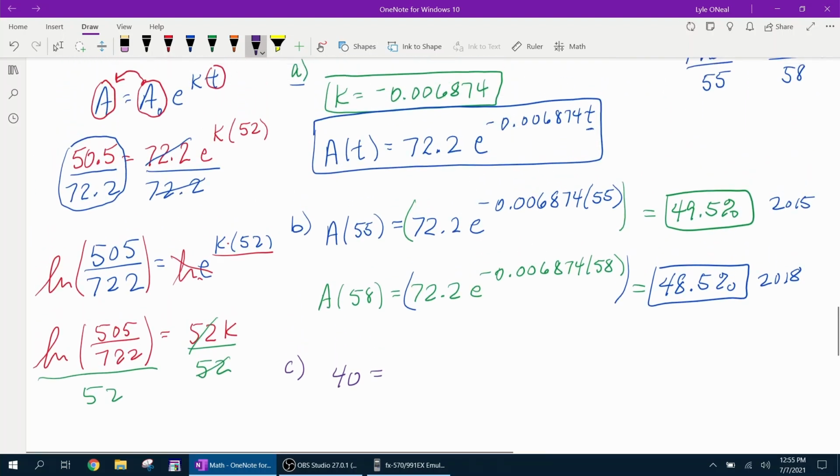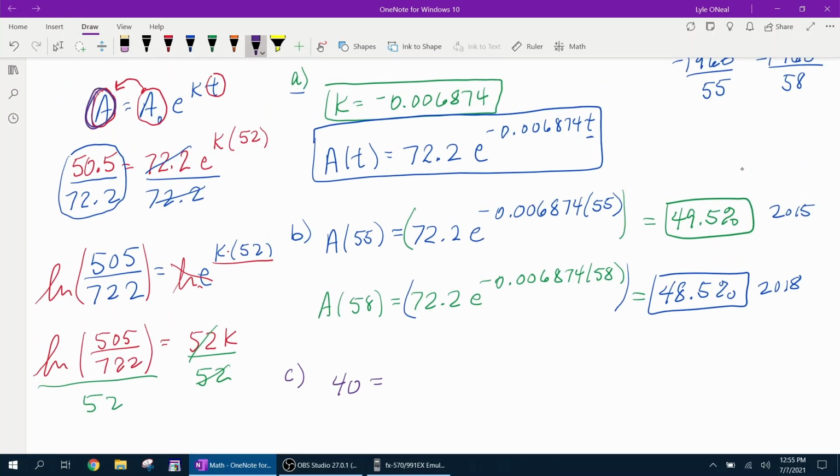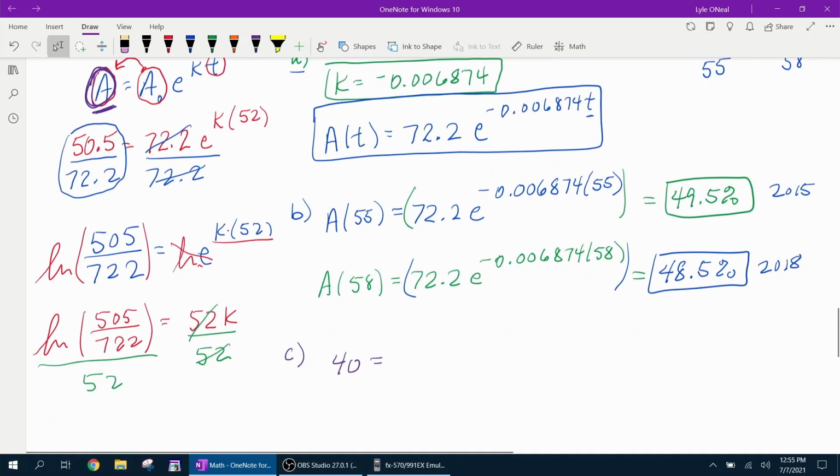That's going to be our value for A in this formula right here. A is 40%. The A naught is still going to be our 72.2 forever in this example. E to the negative 0.006874, and t is the variable. So t is going to remain t, and then we're going to need to solve for t.